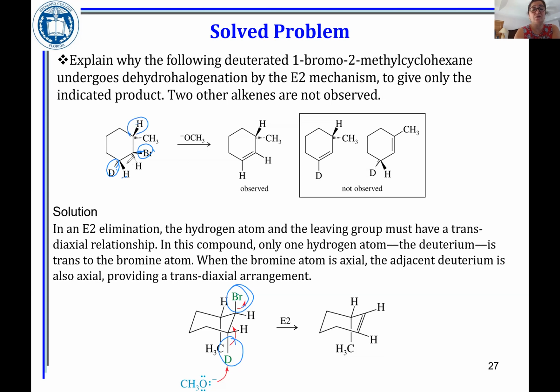These two hydrogens, because they are on the same side as the bromine, are not being removed. The hydrogen D, which is just the hydrogen isotope, is going to be removed from the opposite side.